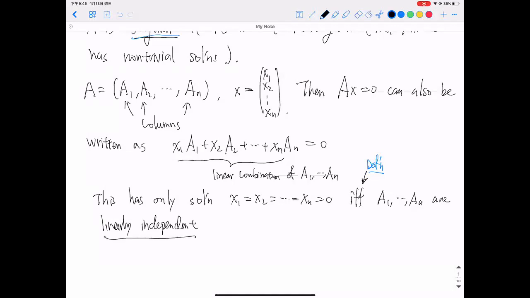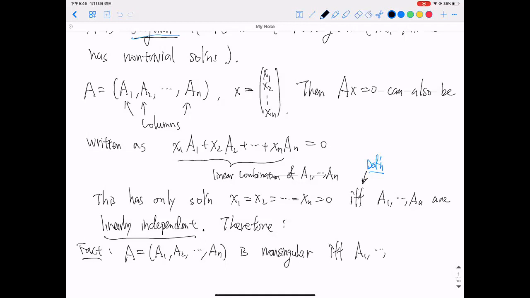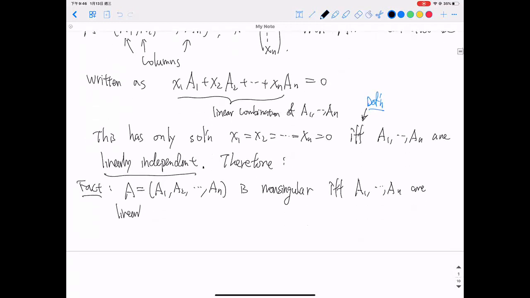That's what we've seen before as the definition of linear independence. So therefore, we can formulate the following fact: the matrix A written in columns is non-singular if and only if the column vectors are linearly independent.